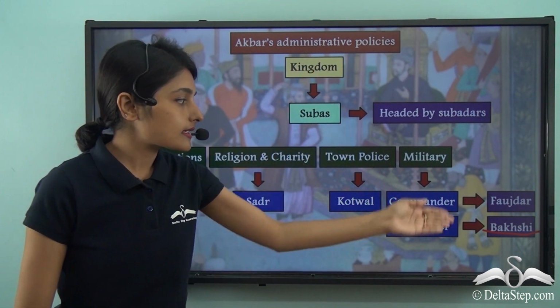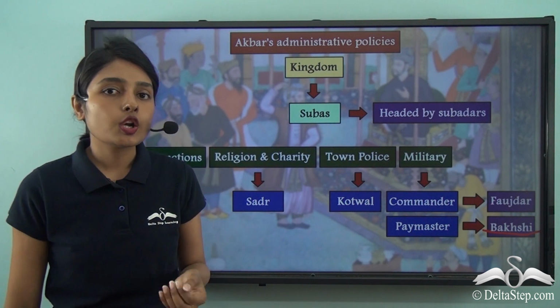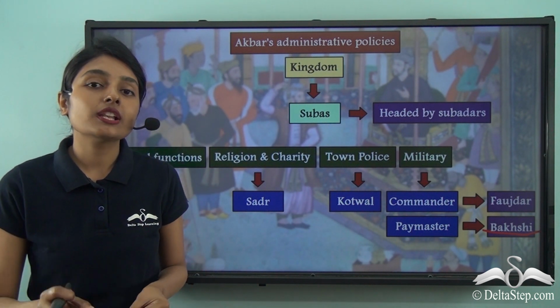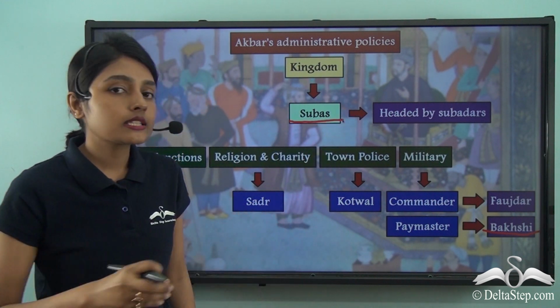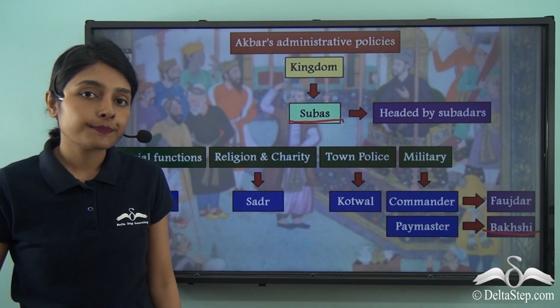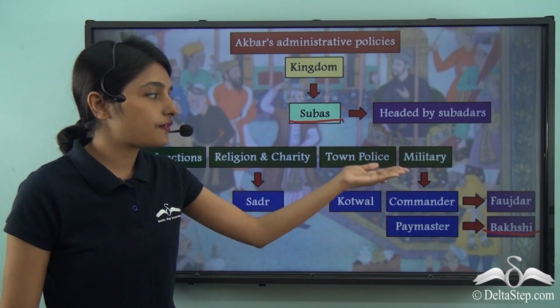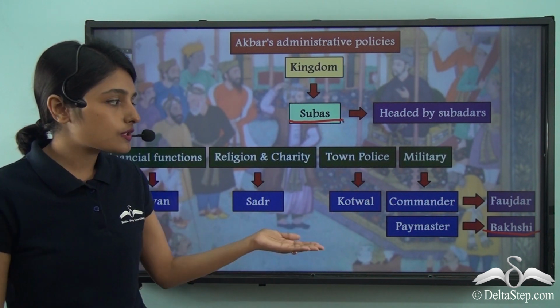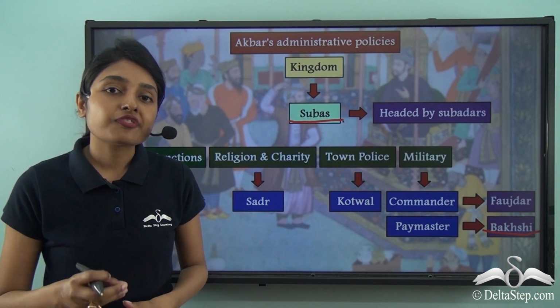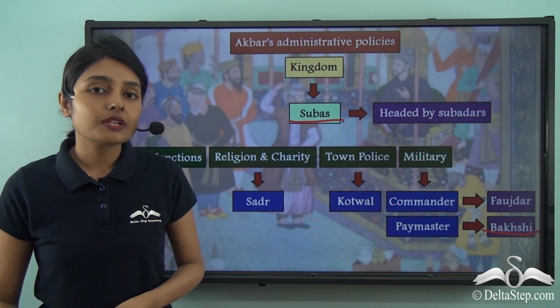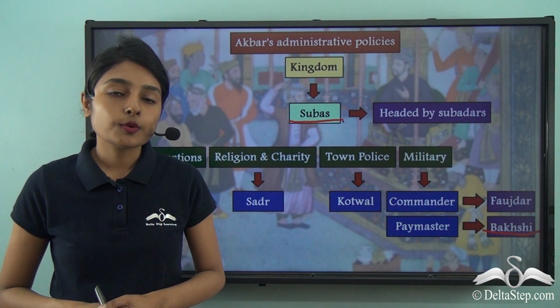So this is how the Mughal Empire was divided into small administrative units called the Subas under the Mughal Emperor Akbar, and this is how various functions were carried out by a whole lot of people so as to ensure efficient and proper administration in these Subas.